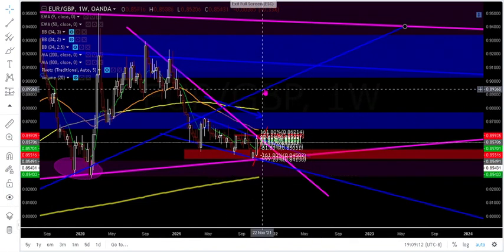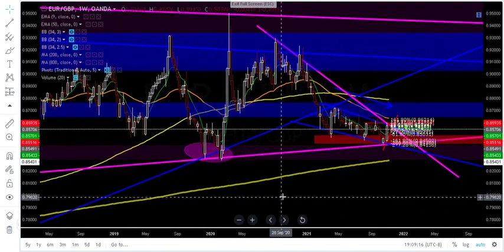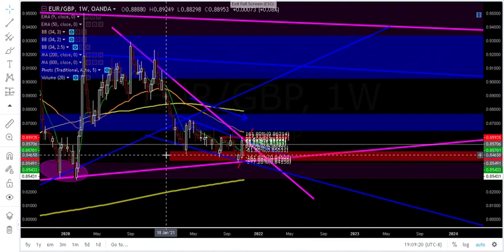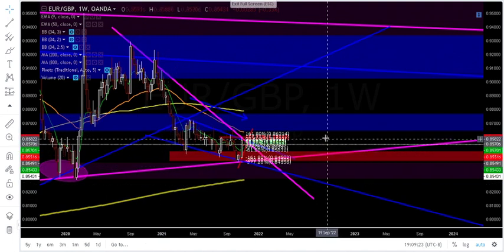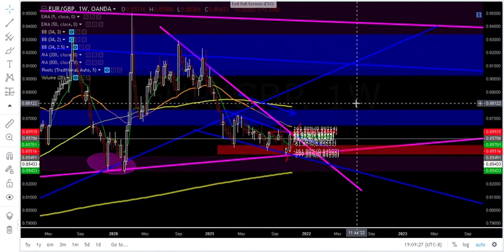Price is rejecting for the weekly, and I have it for the monthly. So 50 over the 9, downtrend. So we're still in a temporary strong downtrend.